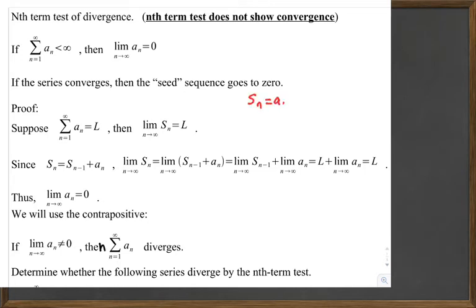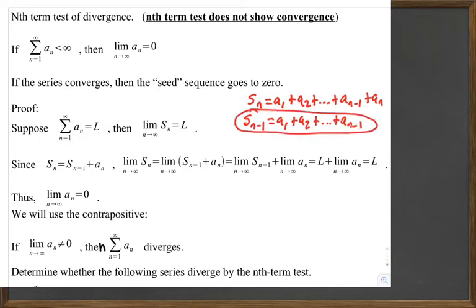S of n is a1 plus a2 plus all the way out to a sub n minus 1, a sub n. It's just the sum of the first n terms of the sequence. S of n minus 1 is going to be a1 plus a2 plus all the way out to a sub n minus 1. So we can say that S of n is equal to S of n minus 1, but we're missing the last term, the a sub n, so we need to add that in.